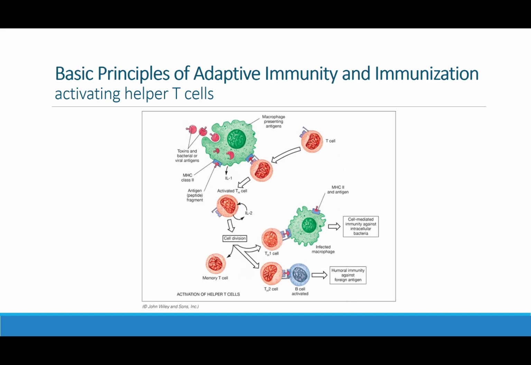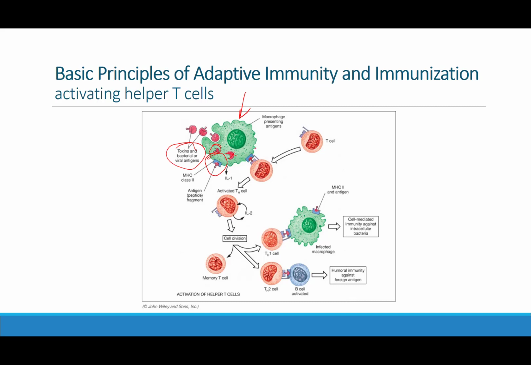Okay, so here's how the process of activating a helper T cell works. This is a macrophage. It has just ingested some sort of toxin or bacteria or virus. It digests that particle, so here's the waste from it, and here's the antigen. It sticks the antigen out there where the MHC2 class of proteins is.